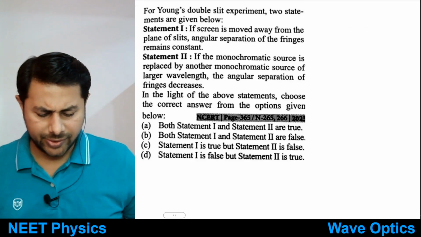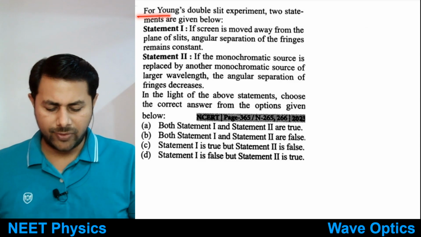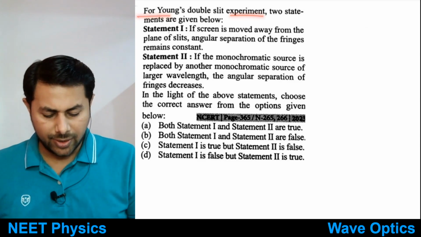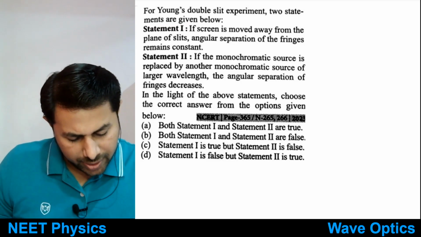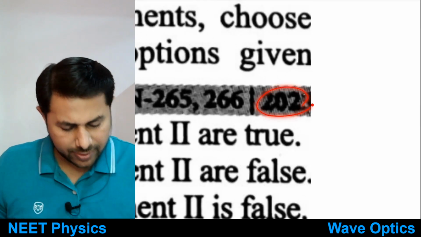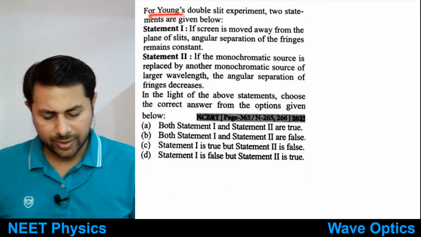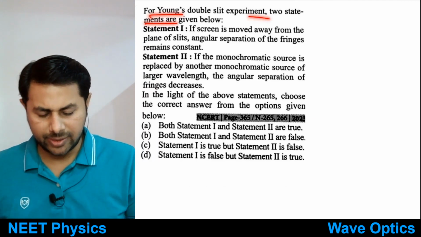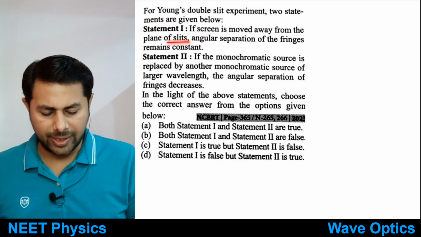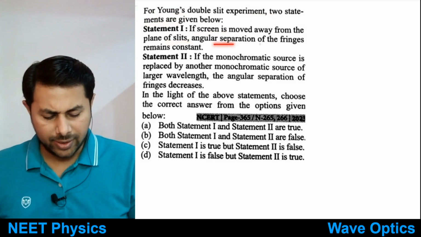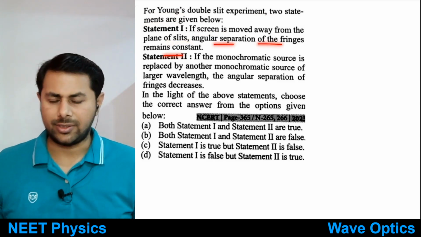After that, let's see some questions. This is from NEET 2023. For Young's double slit experiment, two statements are given below. If the screen is moved away from the plane of slits, the angular separation of fringes remains constant.